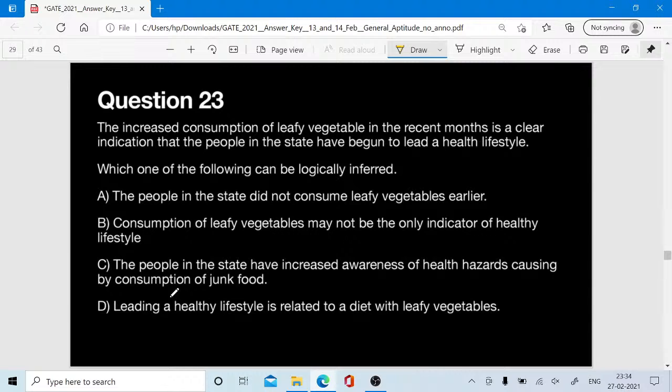Consumption of leafy vegetables may not be the only indicator of healthy lifestyle. The people in the state have increased awareness of health hazards caused by consumption of junk food. Leading a healthy lifestyle is related to a diet with leafy vegetables. So what is going to be the right answer here?